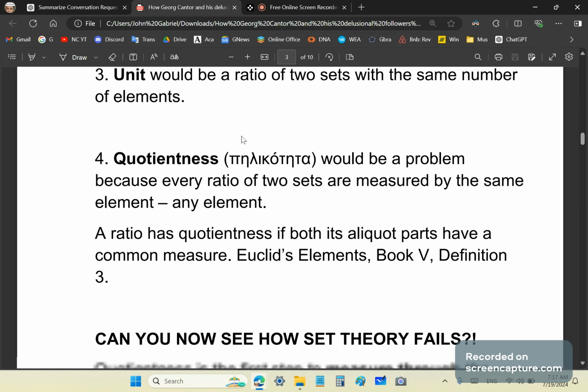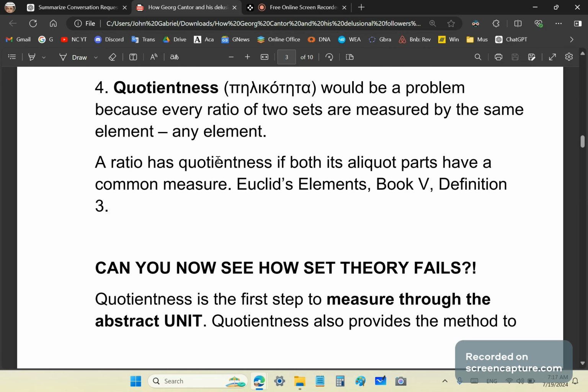The next step is quotientness, and I discussed this earlier. And this would be a problem because every ratio of sets, of two sets, are measured by the same element, any element. That means that in set theory, all ratios are measurable. So you immediately have a problem with those things called incommensurable magnitudes in ratios.